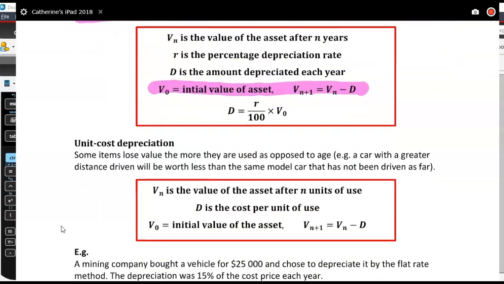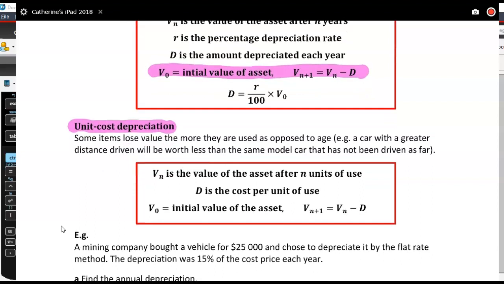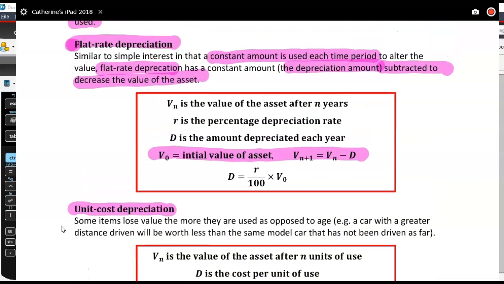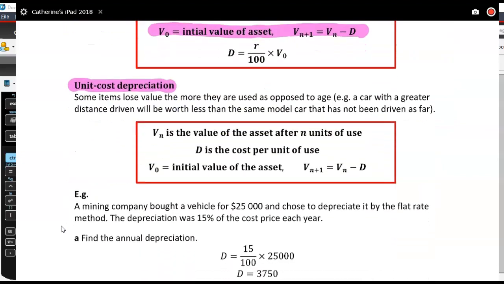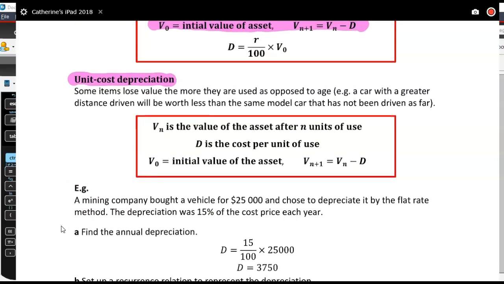Similar to that is unit cost depreciation. It just depends how you choose to depreciate the value of something. So a computer or other electronics like that, you might decide it decreases by the same amount each year in value. Whereas a car or a photocopier, you might decide, well, the more kilometres a car is driven is not going to be worth the same as a car that's been driven less.